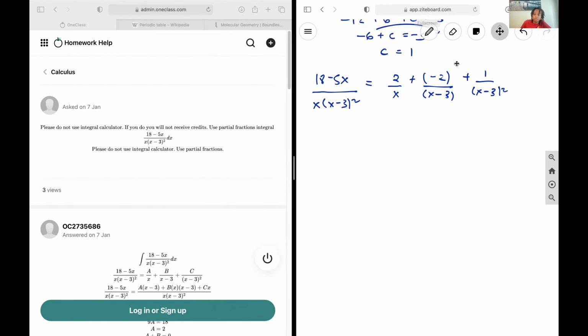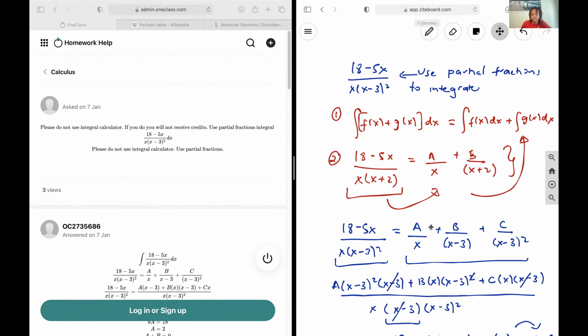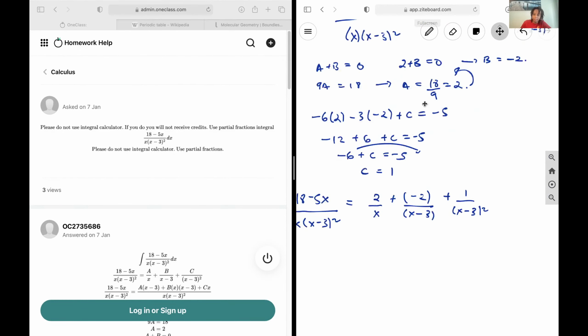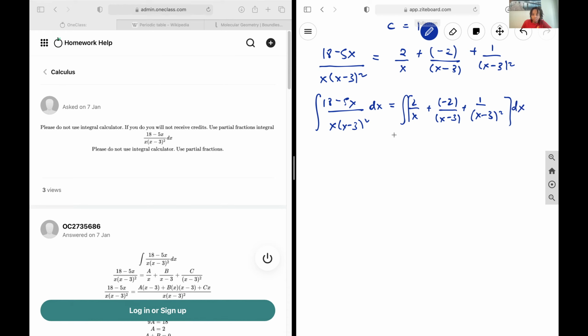And so next up, we're just going to use the first rule here and expand out our fraction. And so that is going to become the integral of 18 minus 5x over x into x minus 3 squared dx is going to be equal to the integral of 2 over x plus negative 2 over x minus 3 plus 1 over x minus 3 squared, all over dx, and then we're going to expand this out.